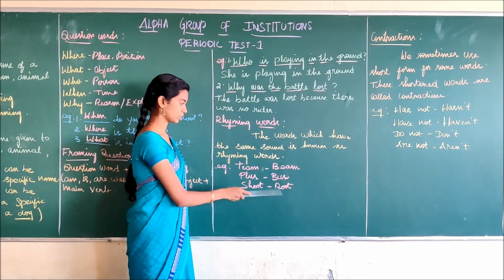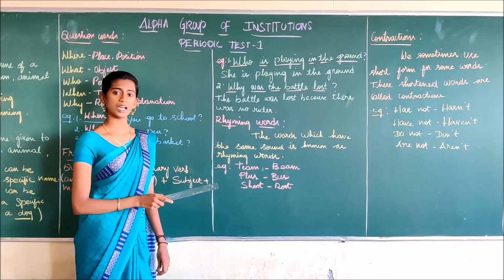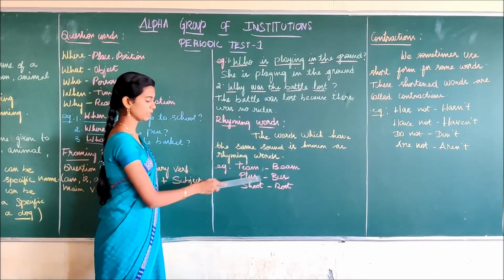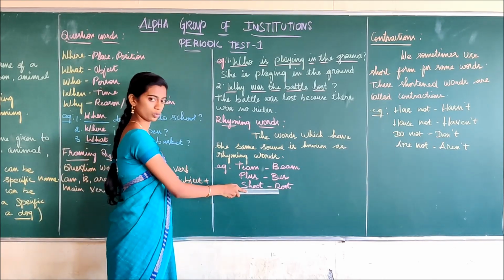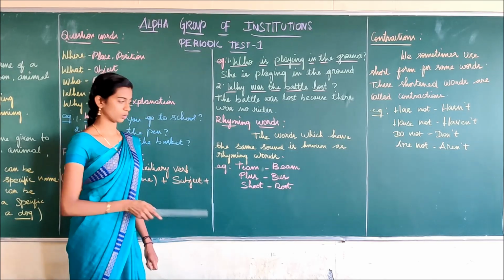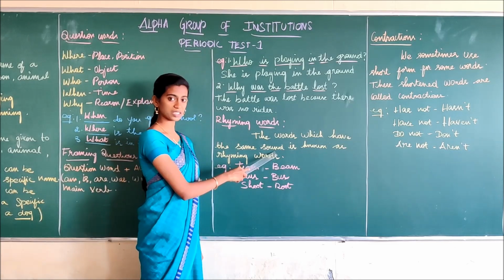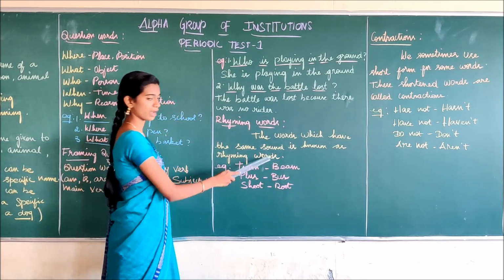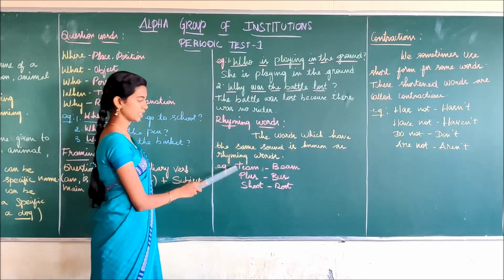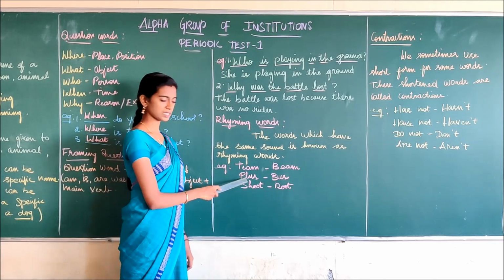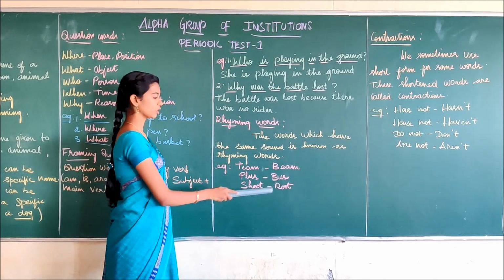These words all end with the same sound. This is known as rhyming words. The words which have the same sound are known as rhyming words.